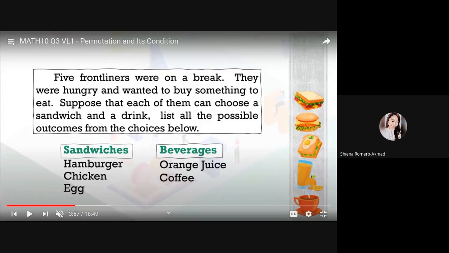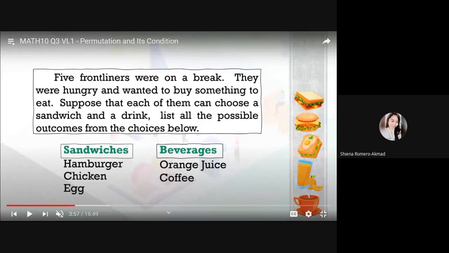At meron kayong 3 choices for the sandwiches and 2 choices for the beverages. All in all, ilan kaya yung mga pwedeng maging choice ninyo or number of choices ninyo when you have to choose one of each? One sandwich and one beverage. Ilan kaya yung pwede nyo pagpilian?